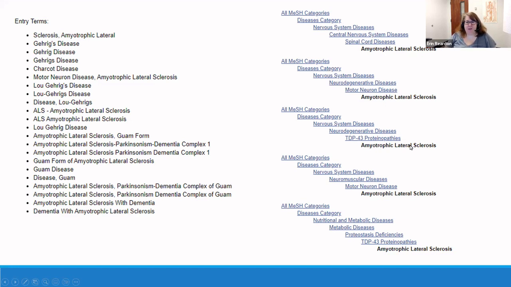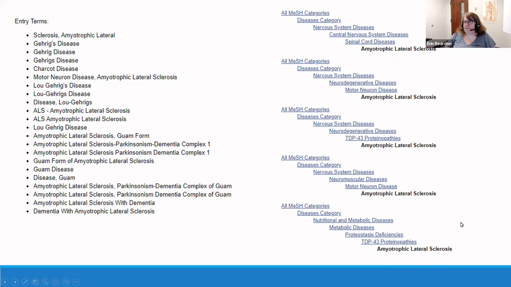It's also listed under TDP-43 proteinopathies. Motor neuron disease and TDP-43 proteinopathies are also somewhere else in the MeSH database. So this is just a way to see how this is actually being organized. Is this the MeSH term that I actually want to use? Is it going to find the articles that I'm looking for?